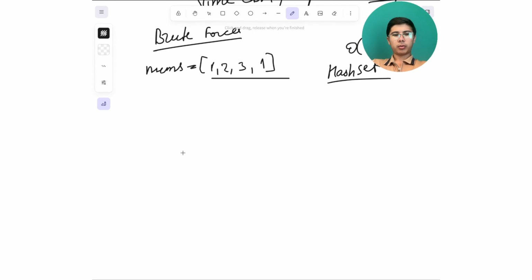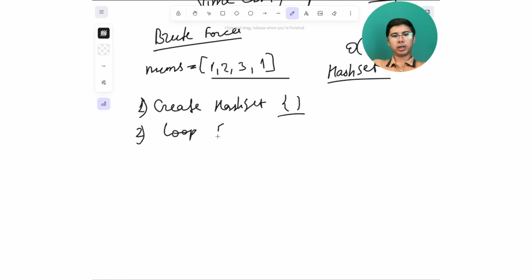So, step by step, what should we do? Firstly, we need to create a hash set, a new set to collect the elements for comparison, and then loop through every element in the array to check. Third, if the current number is already in the set, we just return true.